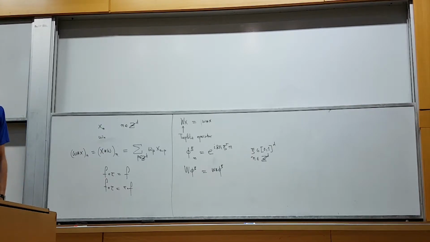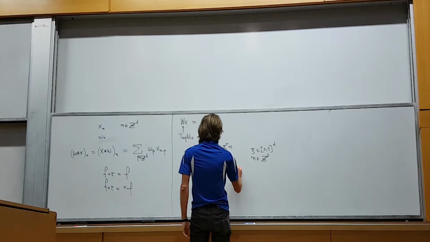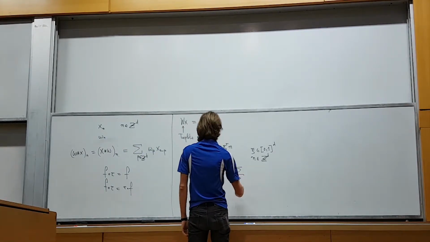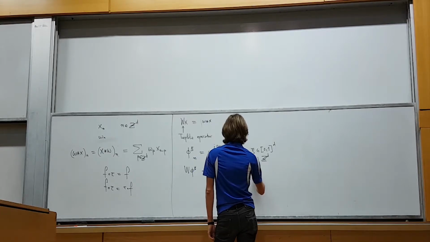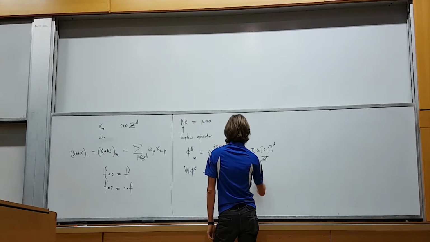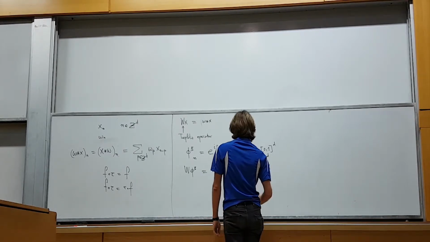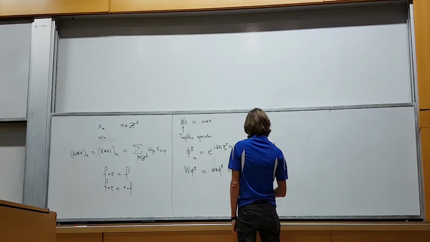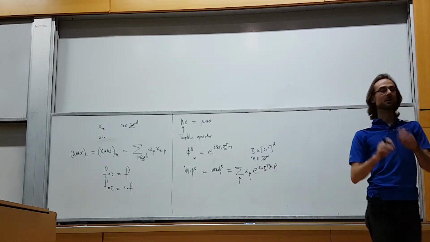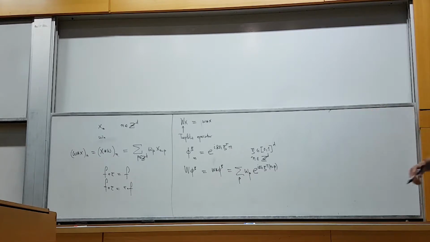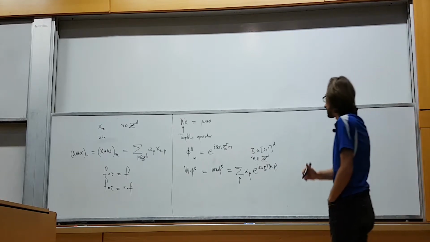Let's write this convolution explicitly according to the definition. It will be the sum over p of w_p times e to the power i 2 pi psi transpose (n minus p). Because the exponent of this difference can be written as the product of two exponents, and the exponent in n doesn't depend on the summation variable p, let's take it outside.